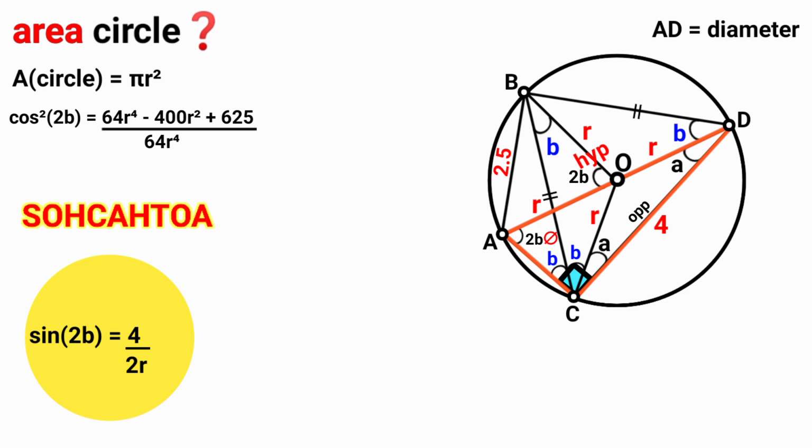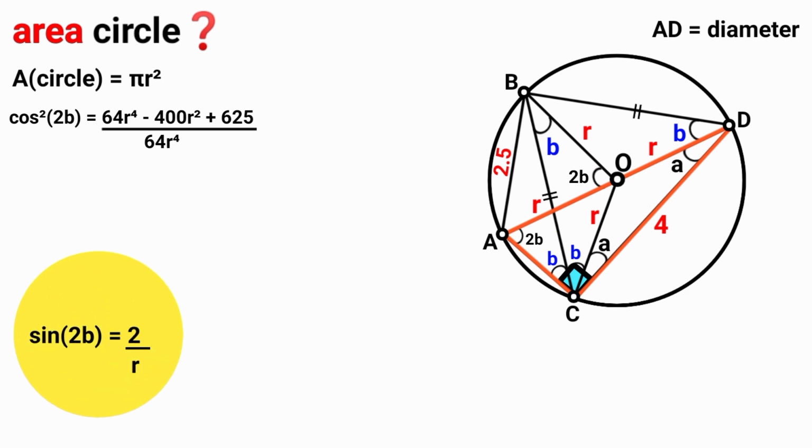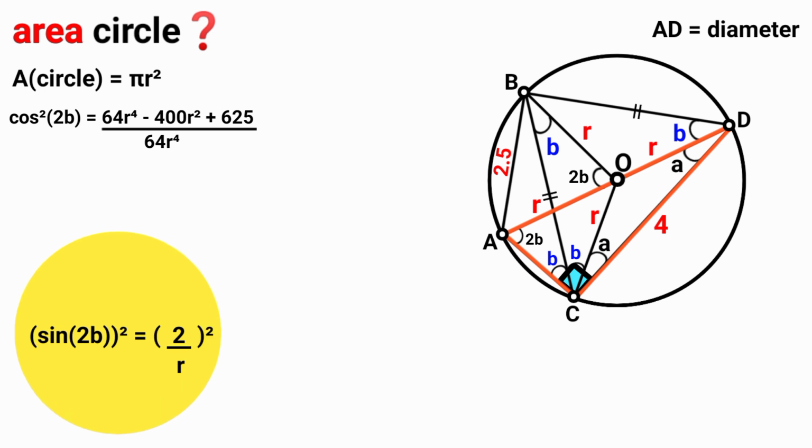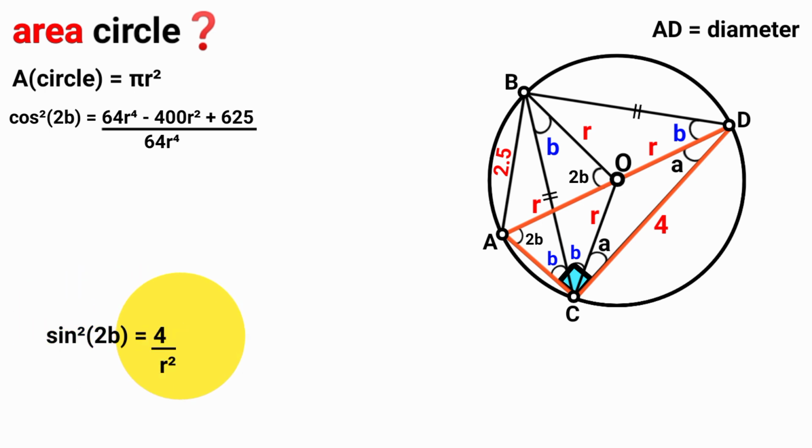So sin 2b equal to 4 over 2r. This 2 can go into this 4 2 times. So sin 2b equal to 2 over r. Square both sides. Here sin 2b all squared is sin squared 2b, while here 2 over r all squared is 4 over r squared. So sin squared 2b equal to 4 over r squared.